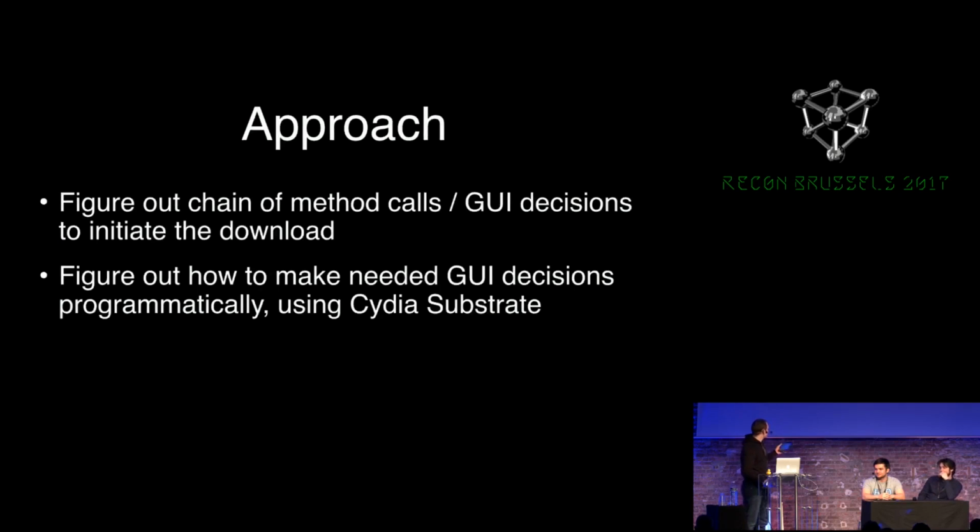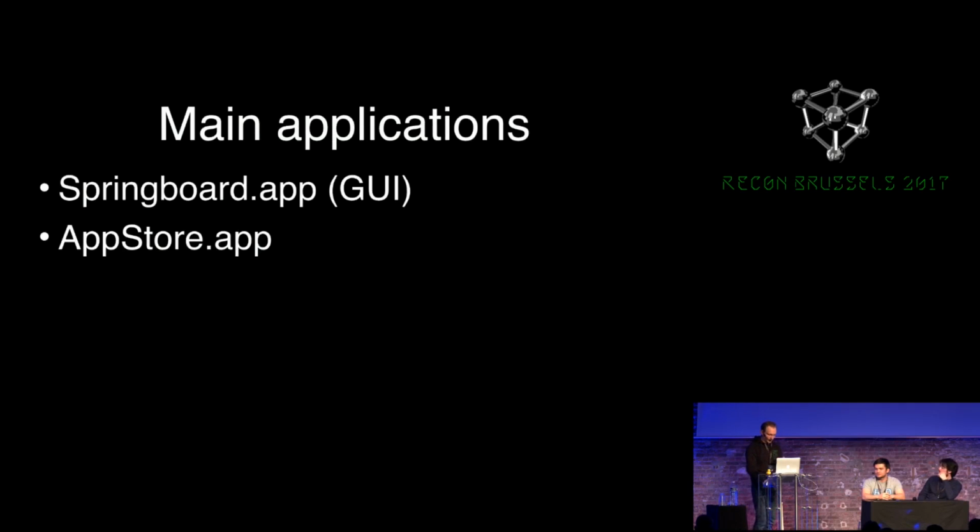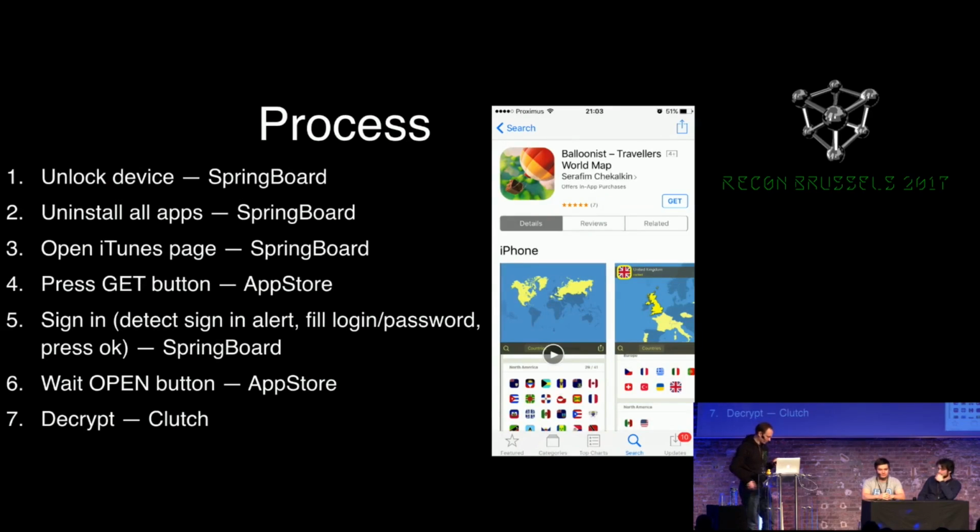So we figured out this stuff and came to this chain of method calls. First of all, our tool unlocks the device. Then it uninstalls all apps to make space, and then opens an iTunes page like this one with a target application. Then on this page we need to press this Get button.